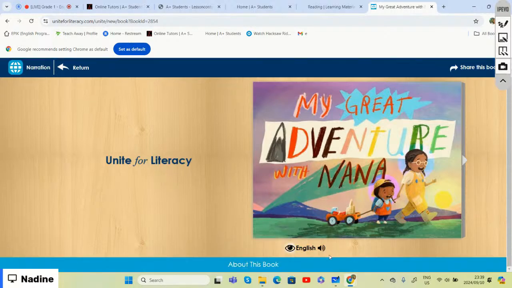All right, so this is the book that you're going to listen to, because these are books where you can listen to the pronunciation of the words, and it will also help you to identify certain words. All right, so My Great Adventure with Nana by Armando Silva.